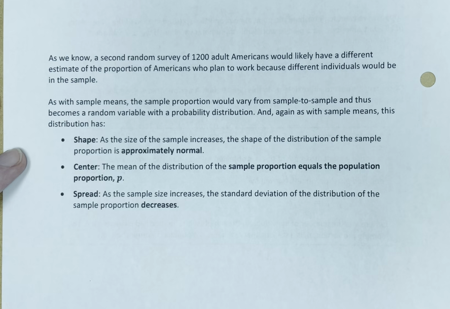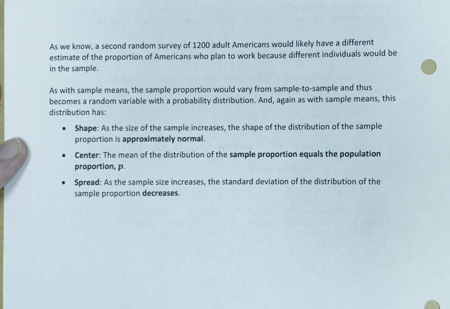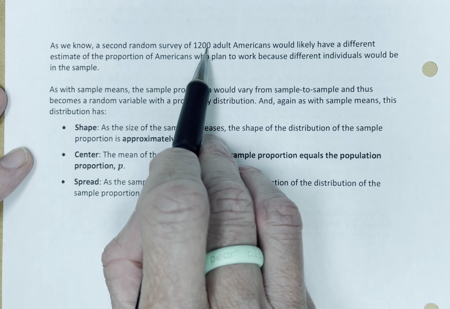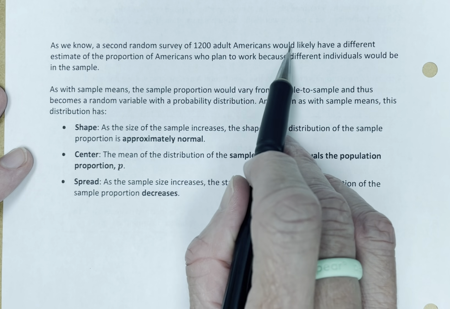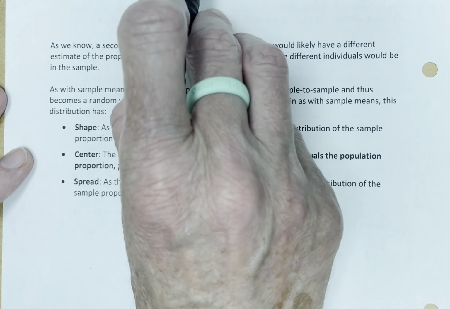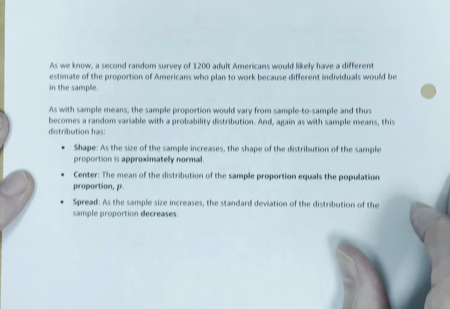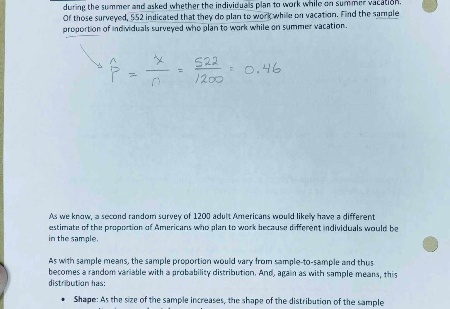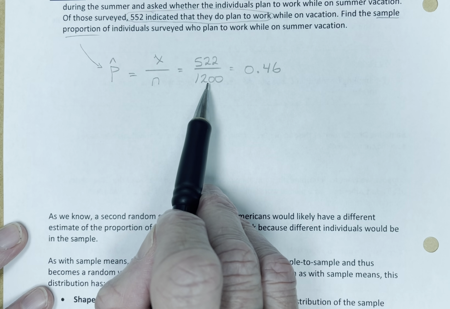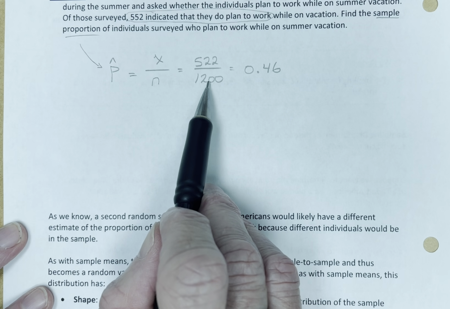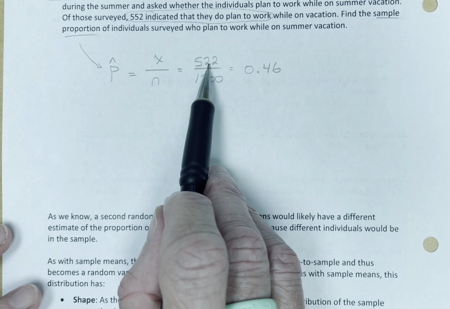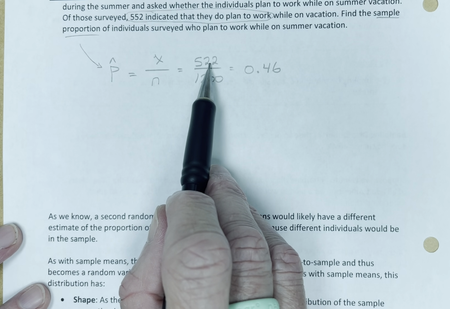As we discussed with the sample mean in a previous lecture, a second random survey of 1,200 adult Americans is going to have a different estimate. Chances are very small that we're going to sample another 1,200 adult Americans and get exactly 522 that say they plan to work.